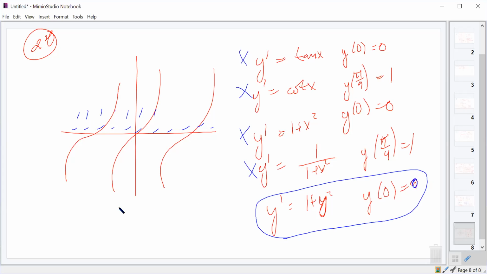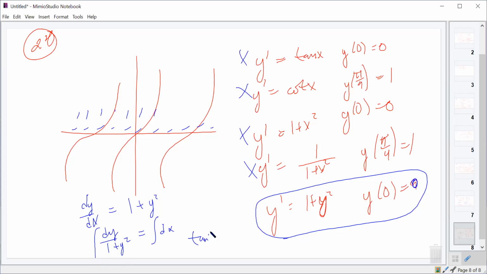How would we prove that that's true? If dy/dx is 1 plus y squared, well, what's the integral of this? This becomes dy over 1 plus y squared equals dx, if we separate the variables. When we integrate it, we'd end up with the integral of dy over 1 plus y squared.